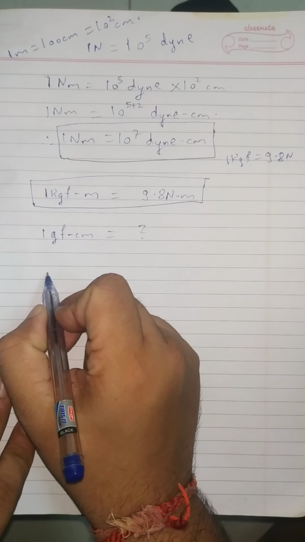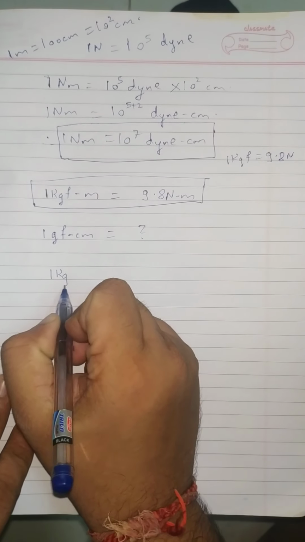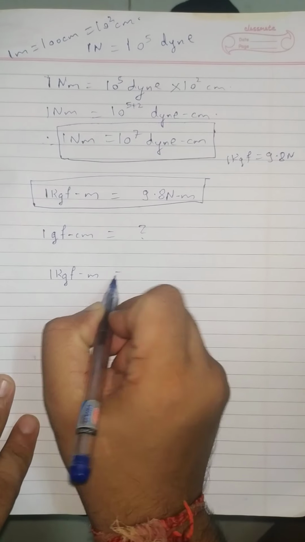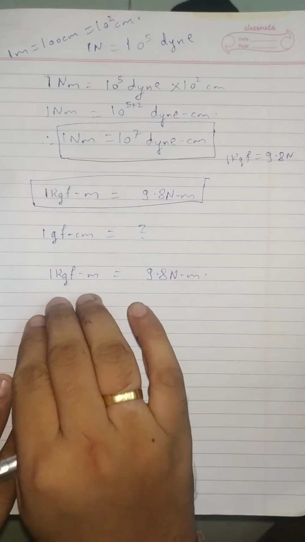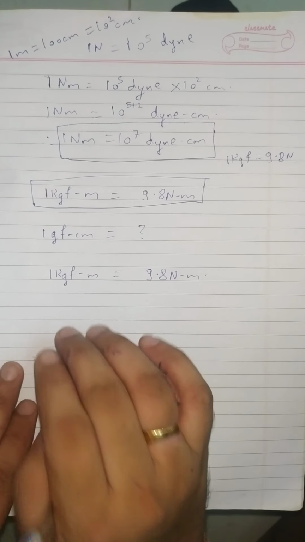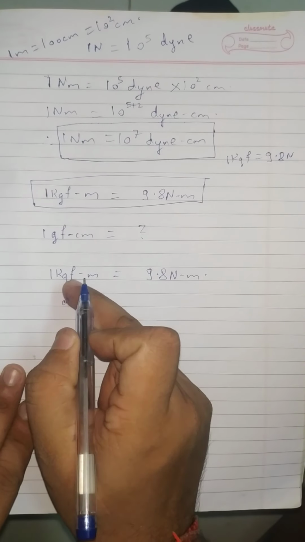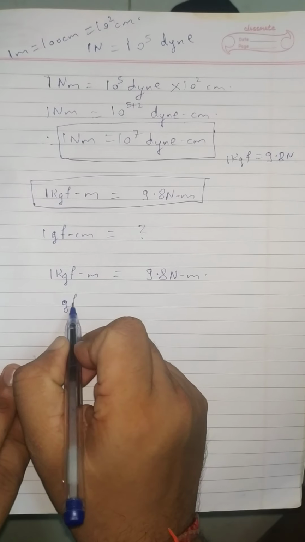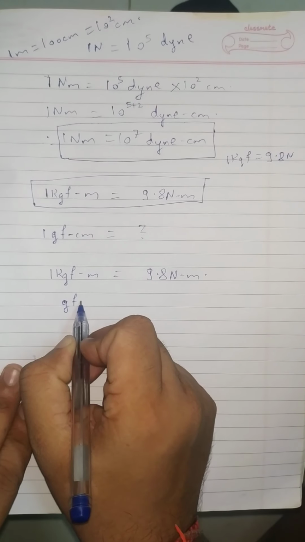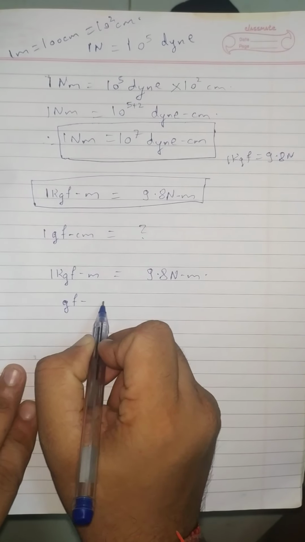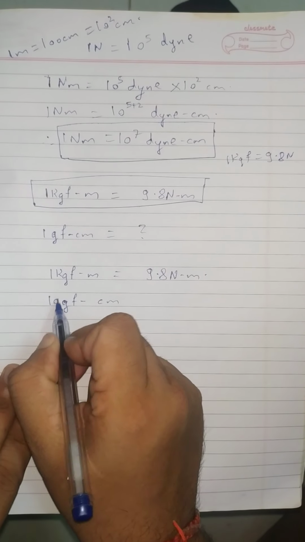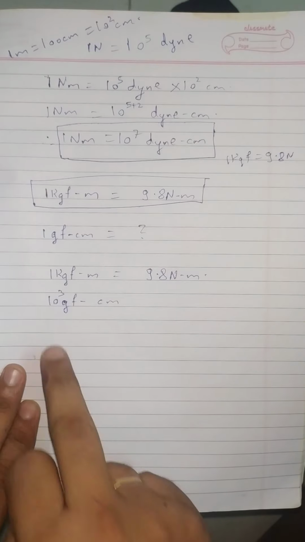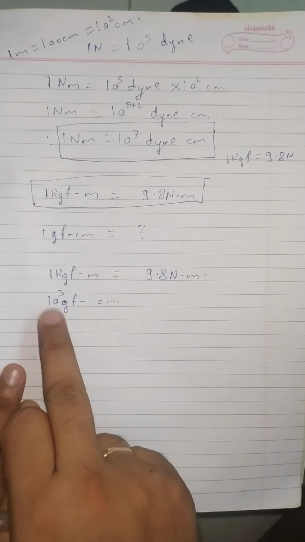Okay, so 1 kgf meter, we know that it is 9.8 Newton meter. Now how would I convert this kgf meter into gram force centimeter? Instead of kgf I will write gram force, and instead of meter I will write centimeter. But 1 kg consists of 10 raised to 3 grams, that is 1000 grams, and 1000 can be written as 10 raised to 3.